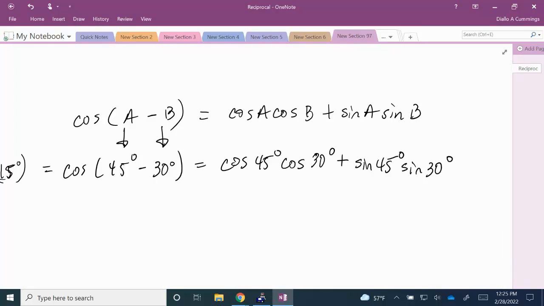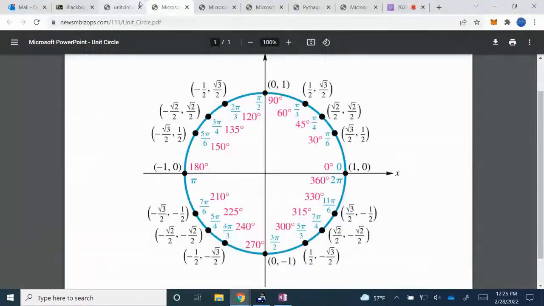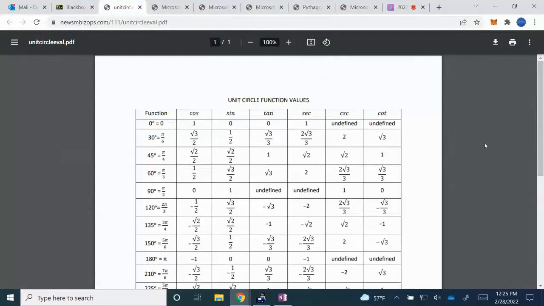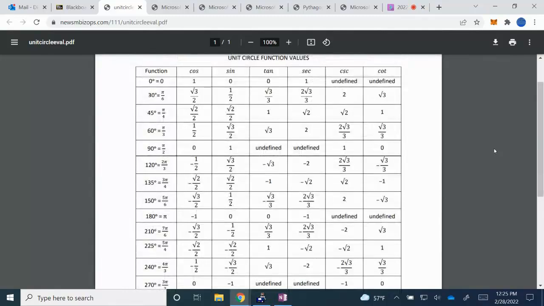And the only thing we do from this point is we simply pull out the values for the trig functions and we add them. Okay, so if you look at your unit circle functions value sheet, we can quickly pull out these values.